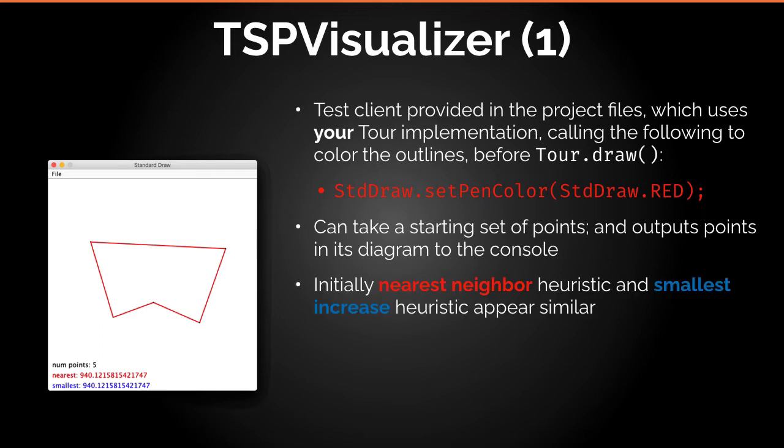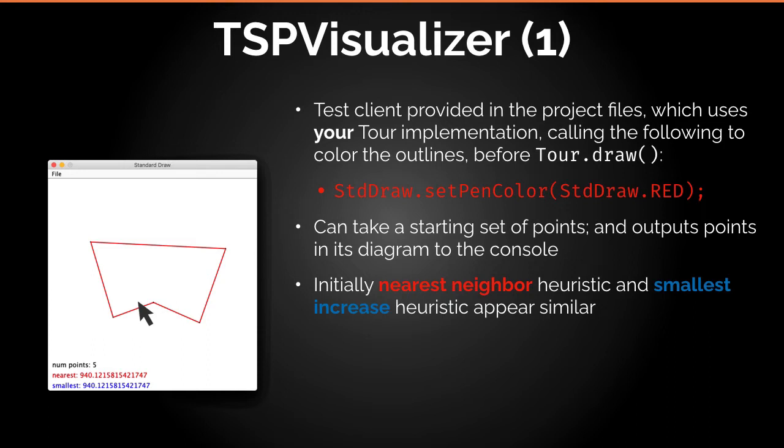So initially, the nearest neighbor heuristic and smallest increase heuristic appear similar. Now I'm going to try to find an insertion that's going to make the nearest neighbor less efficient. If I click in this place, what's the increase I would expect? The efficient one is just to raise the tour edge that I'm under below.